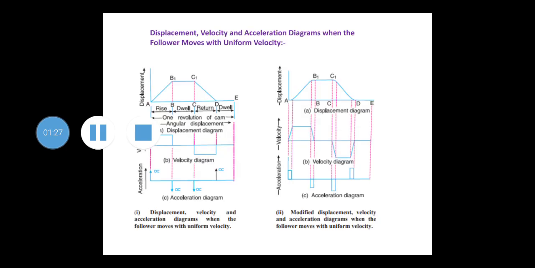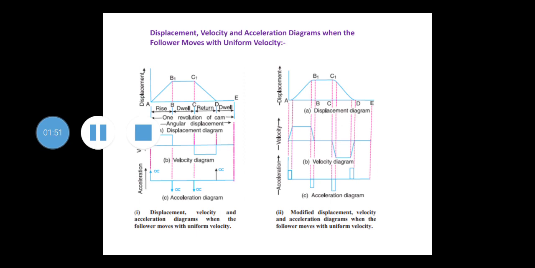So we will be discussing the displacement, velocity and acceleration diagram when the follower moves with uniform velocity. Here we can see the displacement diagram when the cam moves with uniform velocity.